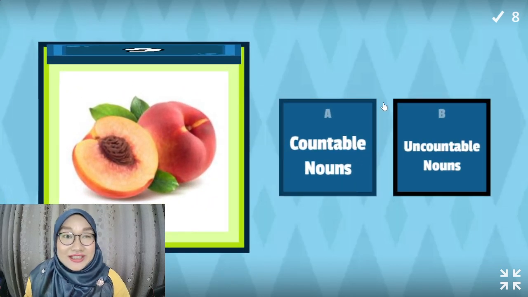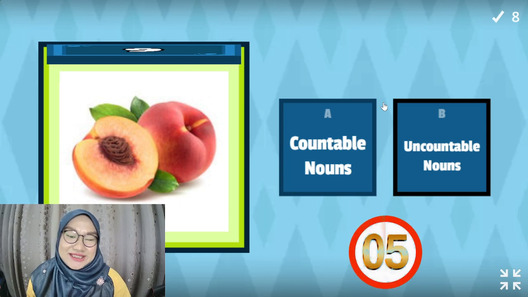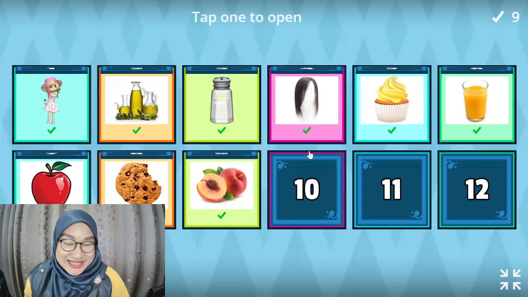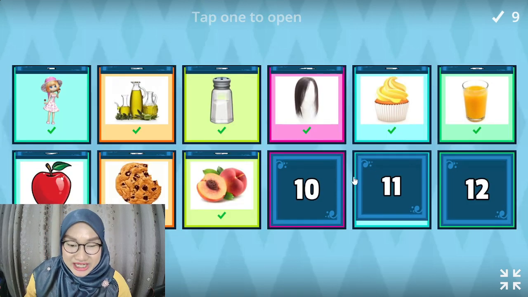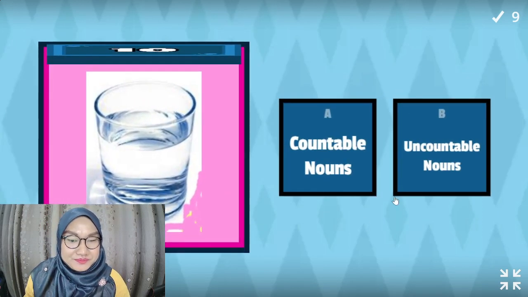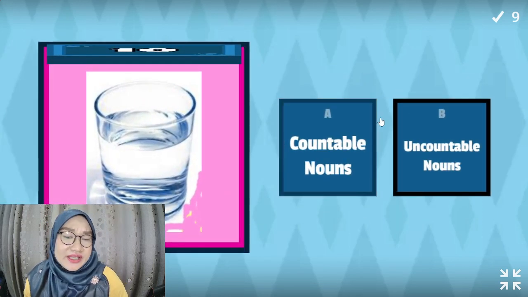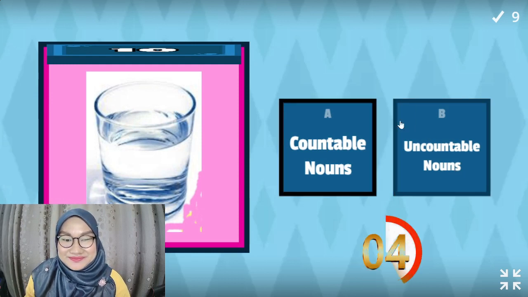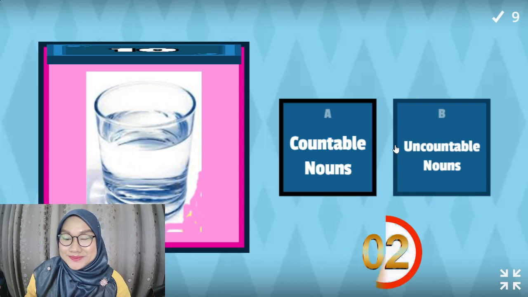Next one, number 9. Peach. Countable or uncountable? What do you think? Yes, peach is countable noun. Number 10. Water, what do you think? Is it countable or uncountable? This one or this one?